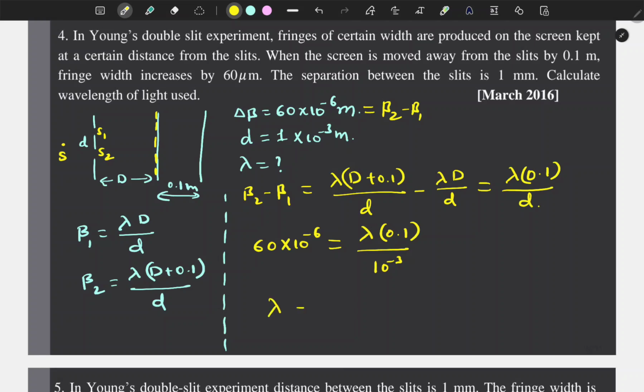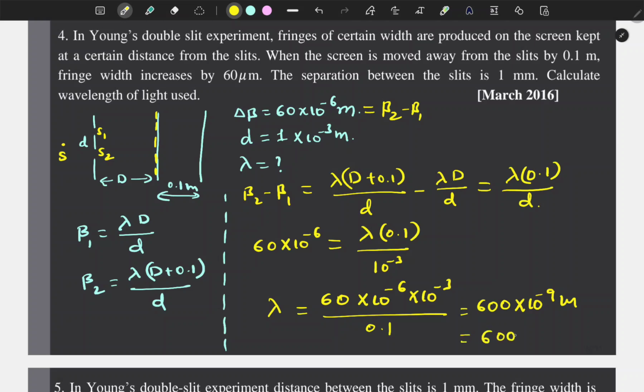So if you solve this, you will get 60 into 10 to the power minus 6 into 10 to the power minus 3 divided by 0.1. That is 600 into 10 to the power minus 9 meter, that is 600 nanometer. Lambda value is 600 nanometer. So this is the answer for this question. Very easy question it is.